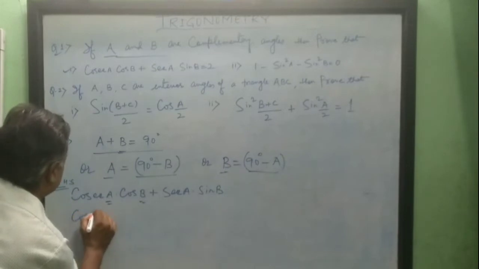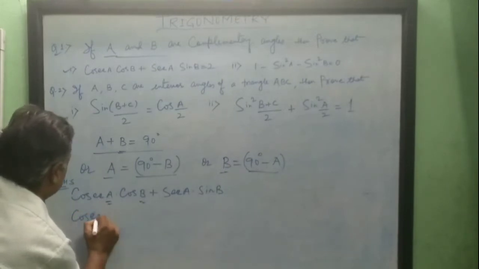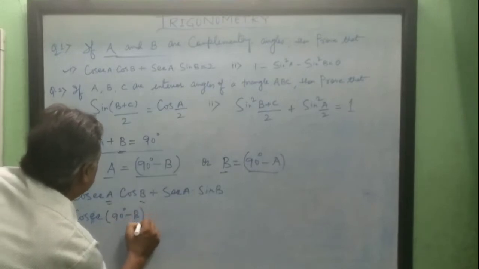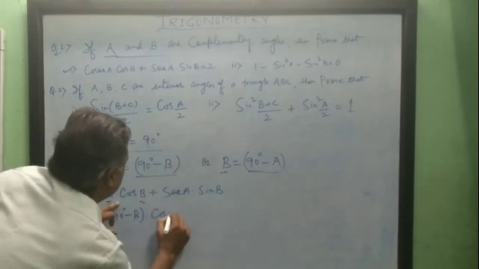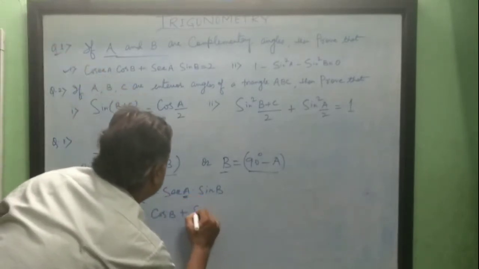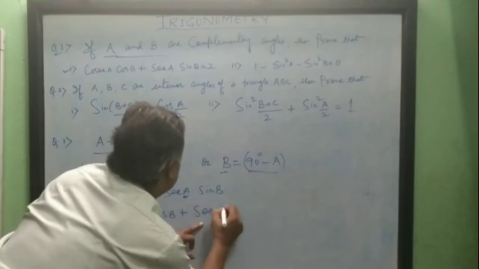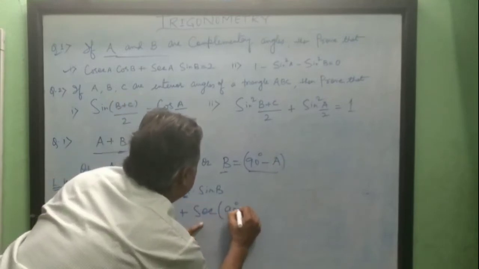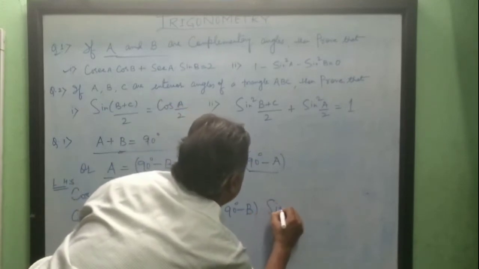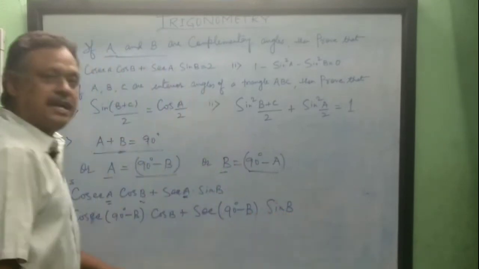So cosec 90 degree minus angle B, and this cos B will remain as it is, and again here sec A, sec 90 degree minus angle B, and this sin B will remain as it is.